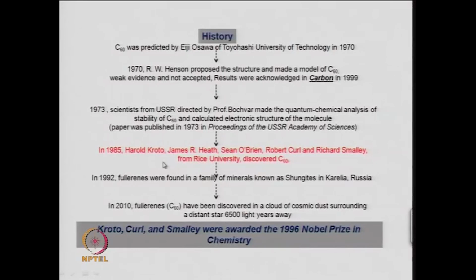But in 1985, a team of people from England and USA contributed to the actual discovery of C60. The main players in the discovery of C60 were Harold Kroto, Robert Curl and Richard Smalley, and James Heath was a student at that time, and these 4 people worked in Rice University, though Harold Kroto was visiting Rice University from UK, and together they discovered C60 in 1985.